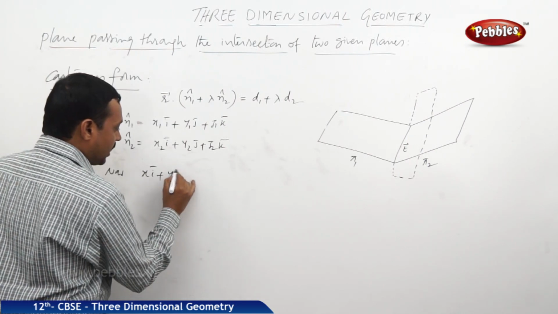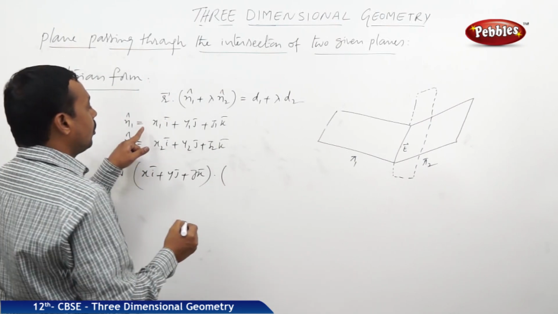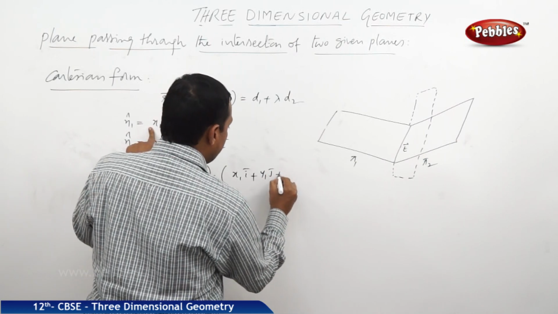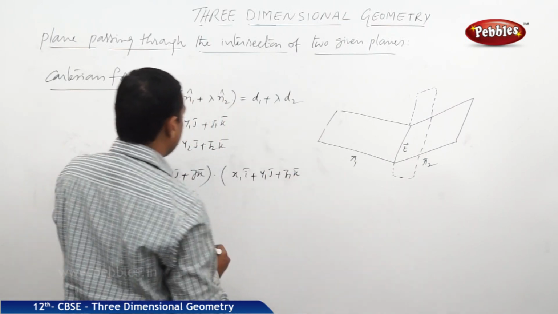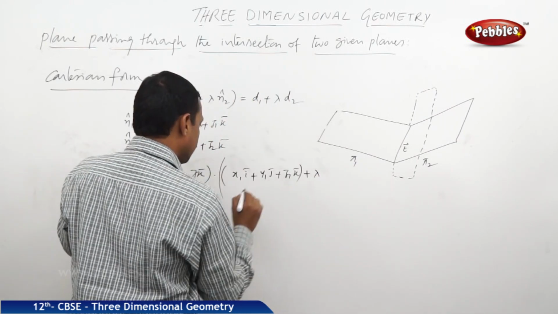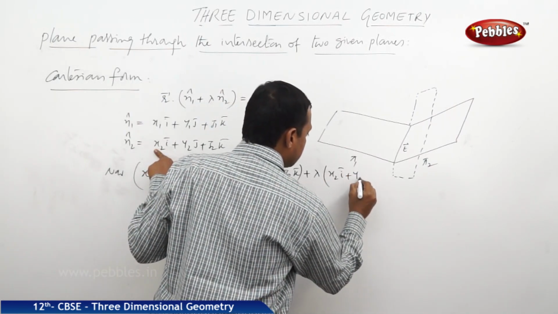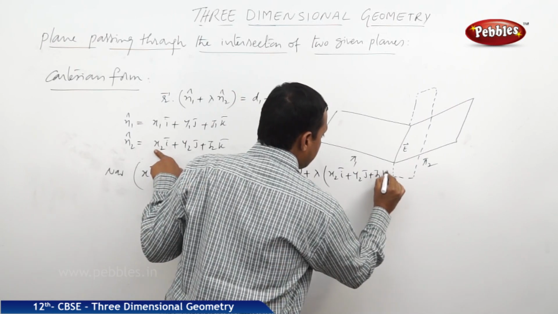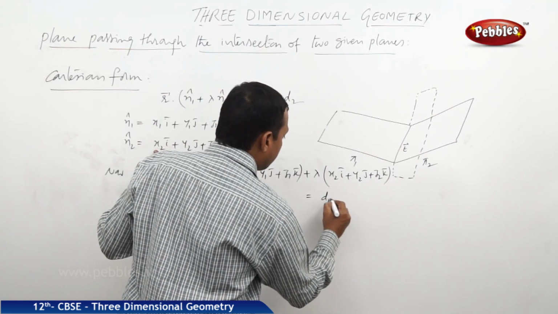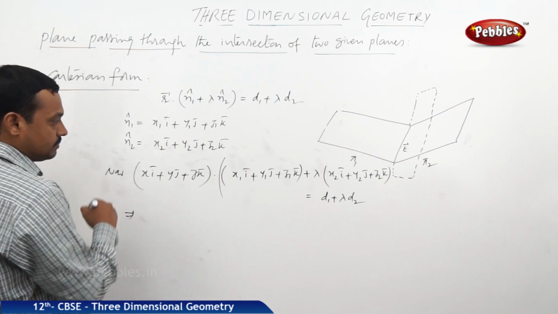Therefore, xi plus yj plus zk dot x1i plus y1j plus z1k plus lambda into x2i plus y2j plus z2k is equal to d1 plus lambda d2.